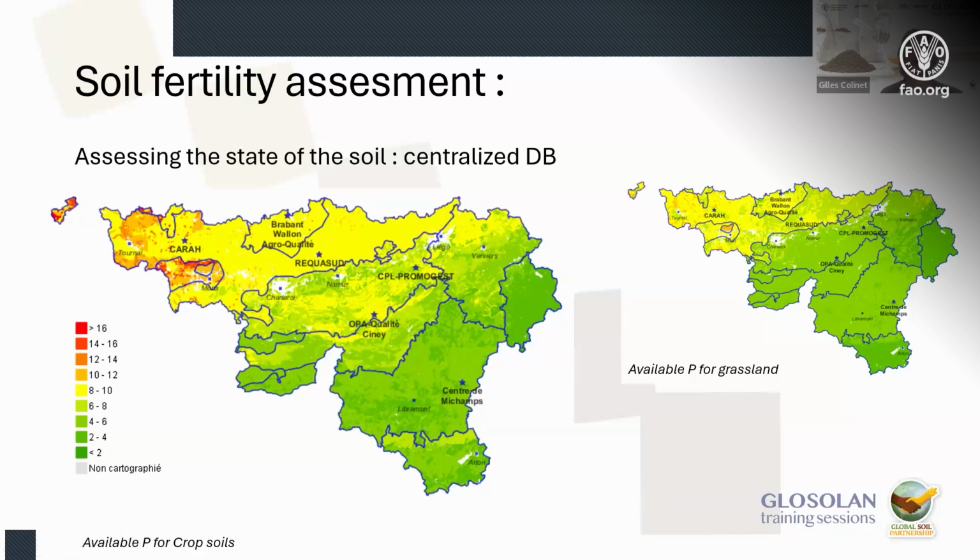And so we can see if for some regions you have trends. We see that the carbon is going down in some places. We see that phosphorus is also going down in some places. Magnesium is rising in other places. And so we can have a general idea, and we have a good reference system to say, okay, this level is low, this level is high for the Walloon region.